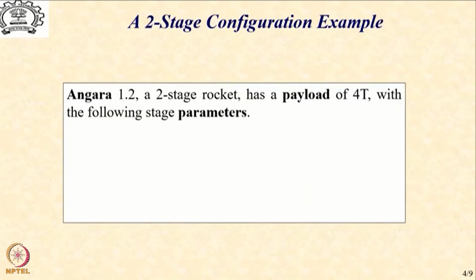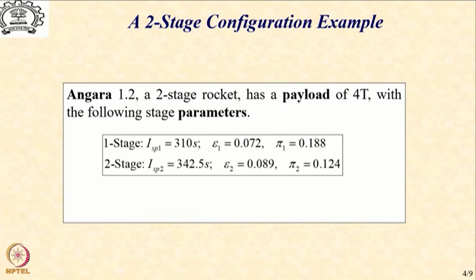Let me demonstrate this through an example of a rocket which is in literature. You can look it up, called Angara 1.2. It is a two-stage rocket which is supposed to launch a 4-ton payload and has the following stage parameters as per our solution methodology. Its first stage has a propellant with Isp of 310 seconds.